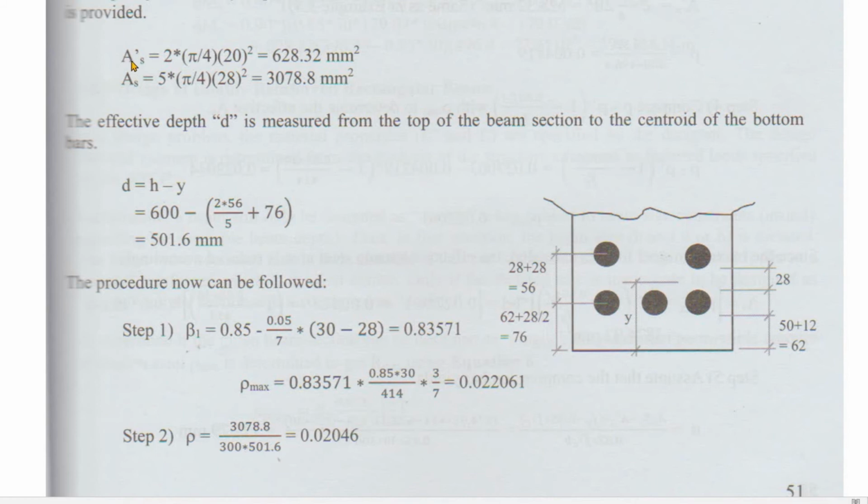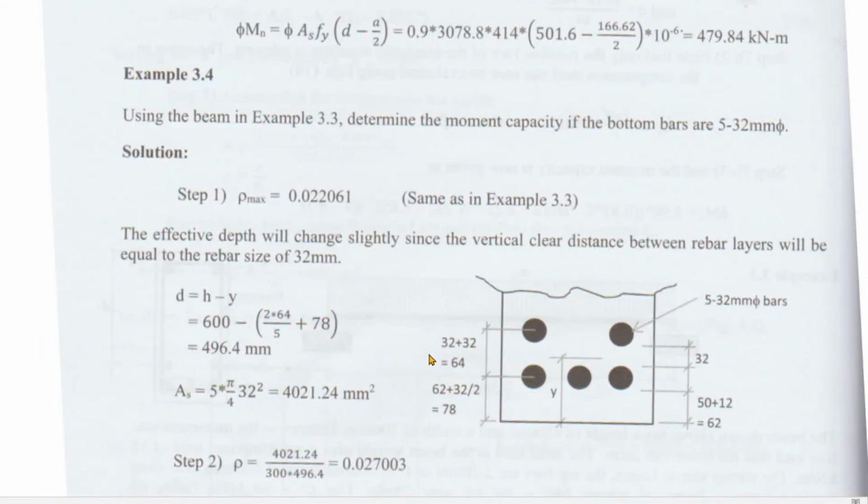But still, yung kanyang A prime S is 20 mm na dalawa pa rin. Okay, so step 1, you check the rho max. The effective depth will change slightly. Okay, so ito naging 32. So naging 496.4. Bumaba siya ng konti.